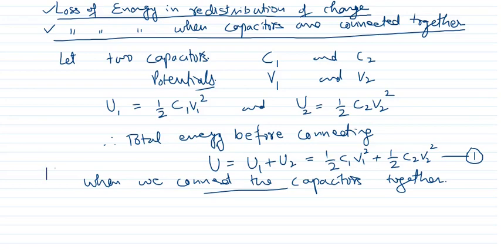If this is one capacitor and this is the second capacitor, then we connect them together, and this will become an example of a parallel combination. Whenever we connect them together, the two capacitors will behave as if they are connected in parallel.